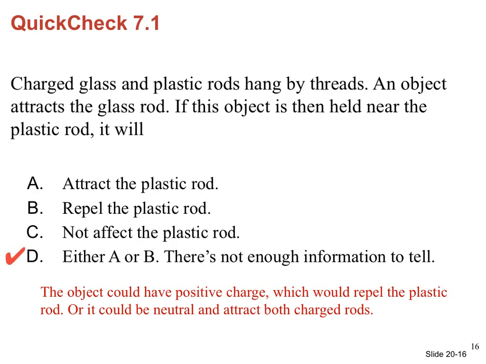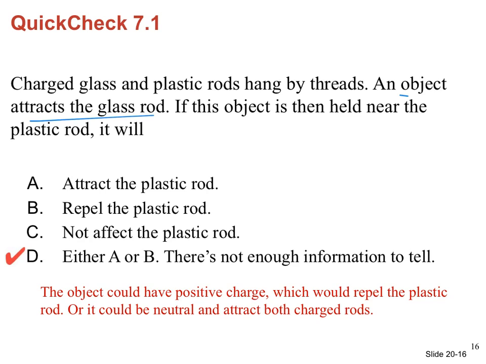All right, so I've got a quick check for you, and unfortunately I already have the answer. Charged glass and plastic rods hang by threads. An object attracts the glass rod. If it's held near the plastic rod, what'll happen? We actually don't know, because if an object attracts a rod, we assume that it's probably oppositely charged, right?